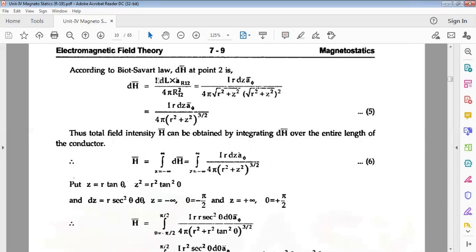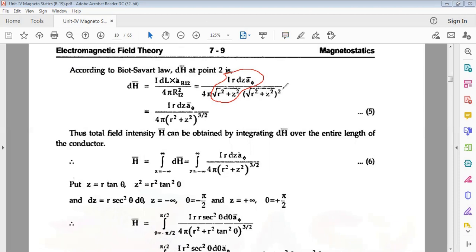And this is only the function of I dl bar cross AR bar. And 4 pi, the R12 is square root of R square plus Z square, and the square term is there, you can keep the square. So I R dz Aφ bar whole divided by 4 pi.